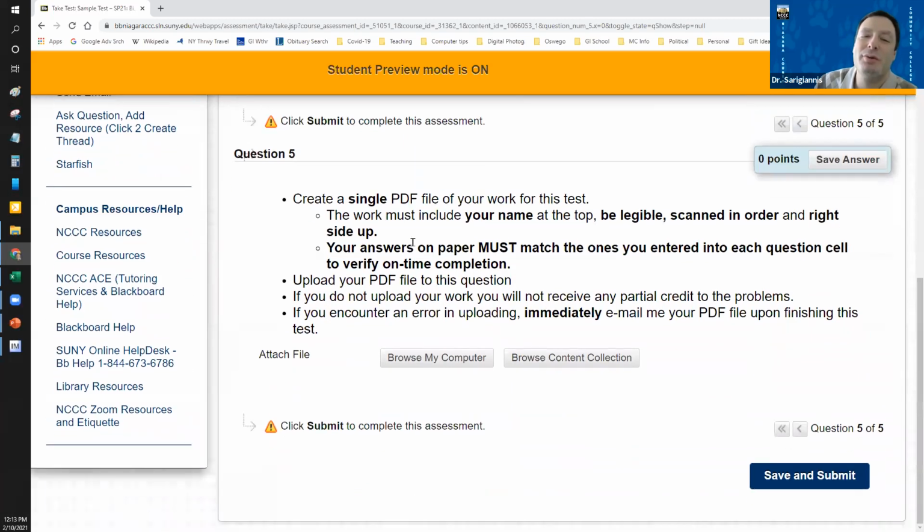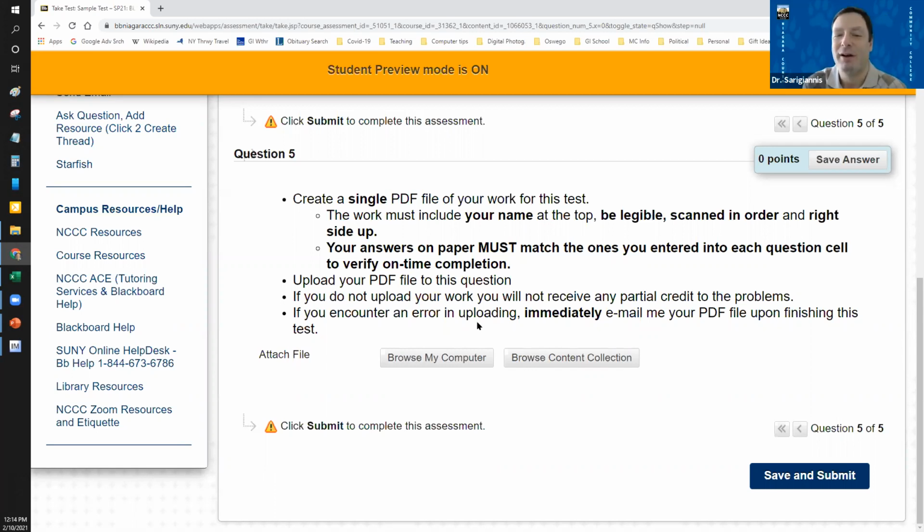Here's where you need to follow the instructions, and you need to put into practice creating and uploading a PDF file. You're going to create a PDF file of your work. Your work should have your name. It should be legible. Scan things in order, right?